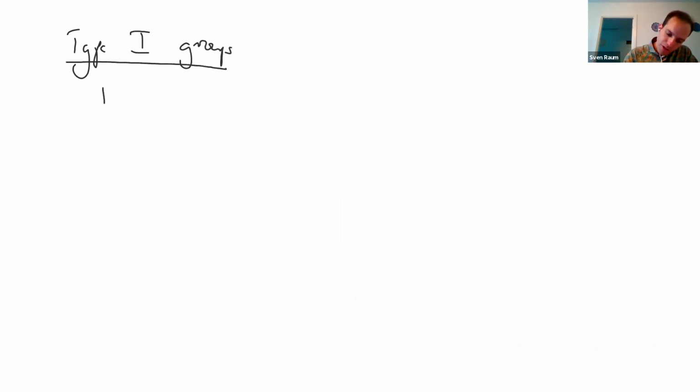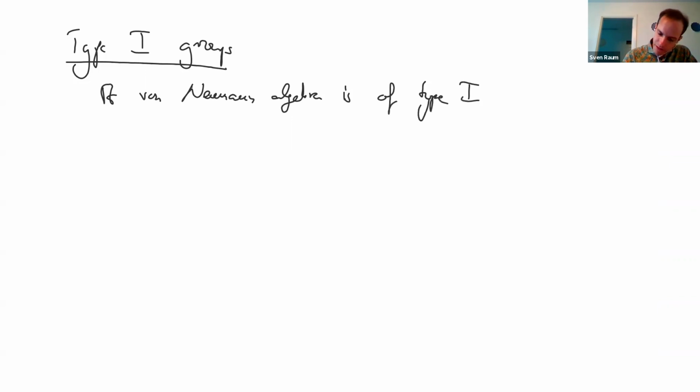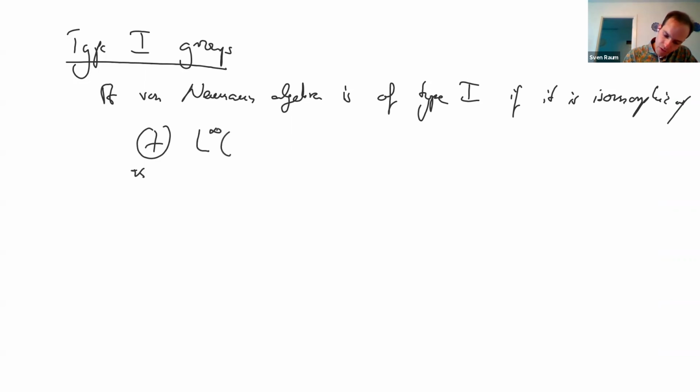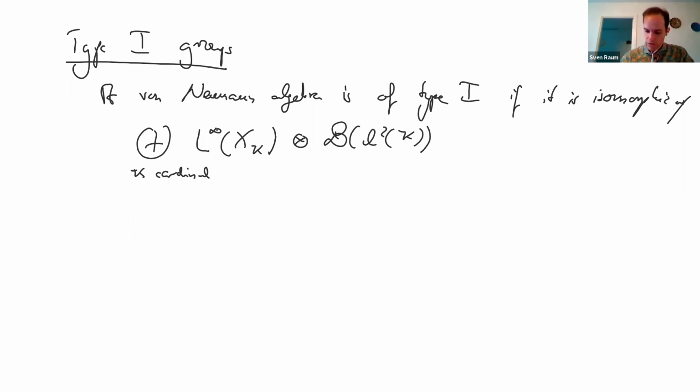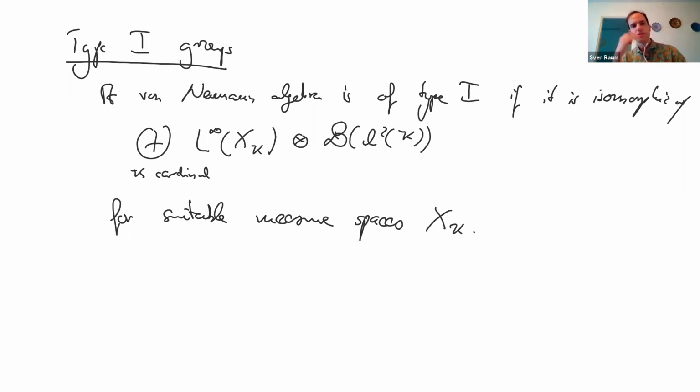So a von Neumann algebra, let's call it M, is of type 1 if it is isomorphic with a direct sum, let's say over certain cardinals, and for each cardinal I take one measure space and tensor it with the bounded operators on L2 of kappa, for suitable measure spaces X kappa.